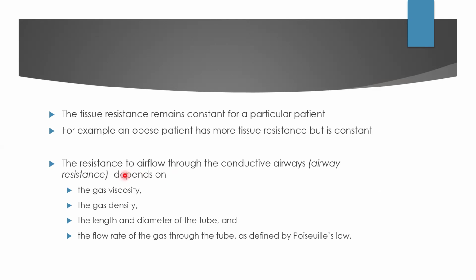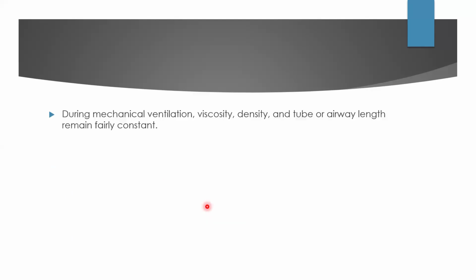Just understand that these factors all affect the resistance offered by the system. For a particular patient, the gas viscosity, the gas density, the length of the tube, and almost the flow rate of the gas will be constant. So the main thing that affects the resistance of the conducting airway is the diameter of the tube, which means the diameter of the airway.